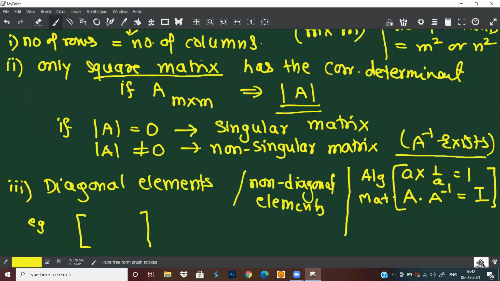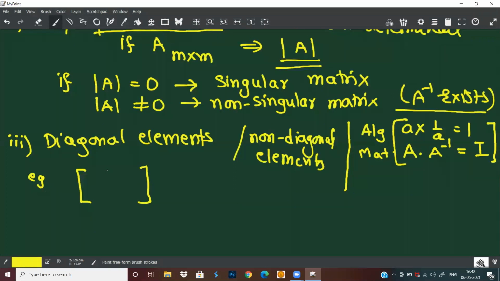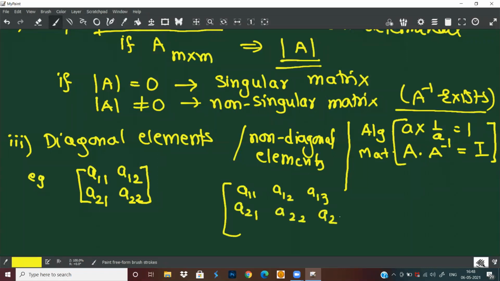Suppose I write a matrix of order 2 by 2. अभी तुम्हें तो पता है सबको, this lies in first row and first column, first row and second column, second row and first column, second row and second column. यहाँ भी है A11, A12, A13, A21, A22, A23, A31, A32, A33. करेक्ट? हाँ, ये दोनों square matrices हैं.